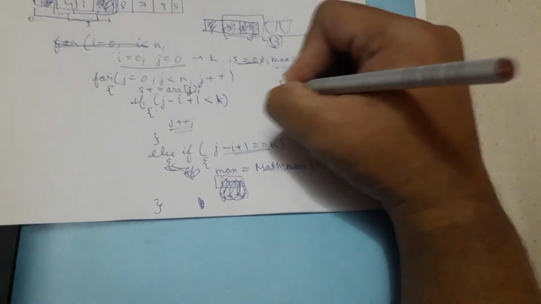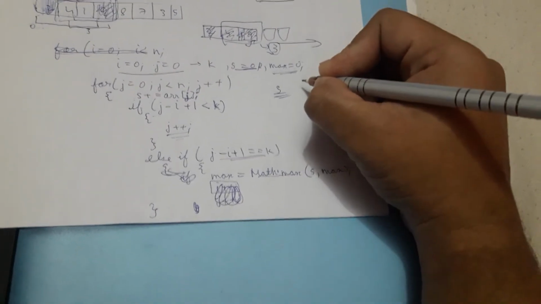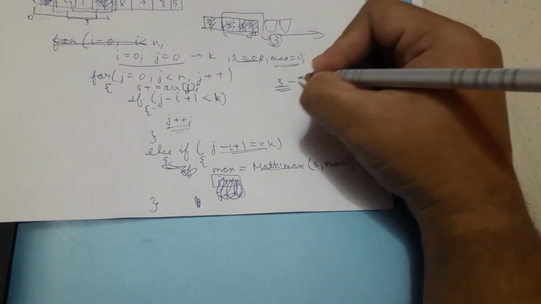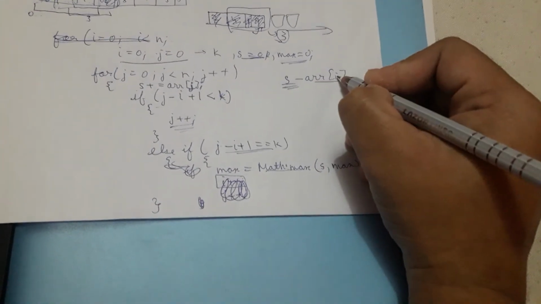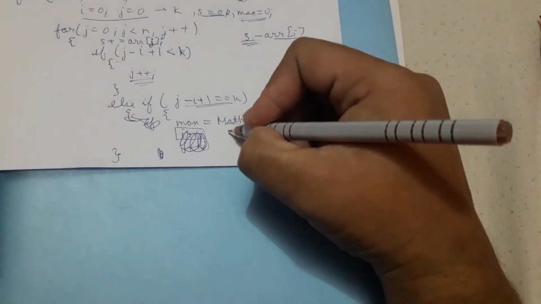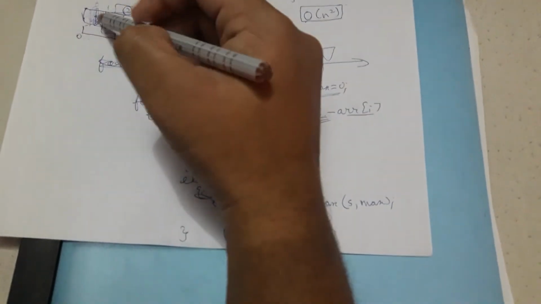Now to do that, I have to remove my first element. You see, my elements are summed up in my s variable. So the logical thinking would be to remove the first element, which is stored in my ith index. My i initially points to 0. If I just say s minus arr of i here, then I would be able to remove my first element, which is 2.